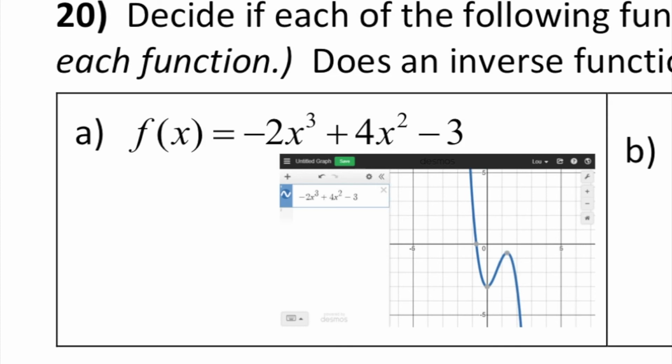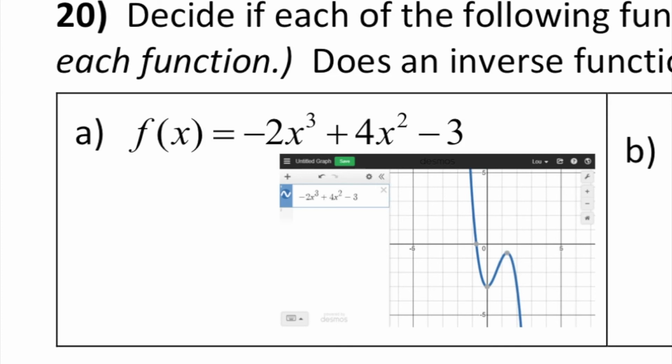And so, for example, in this first one, that's all you're answering for number 20: does it have an inverse function? Because it's 1-to-1. 1-to-1 means that the function passes both the vertical and the horizontal line tests.